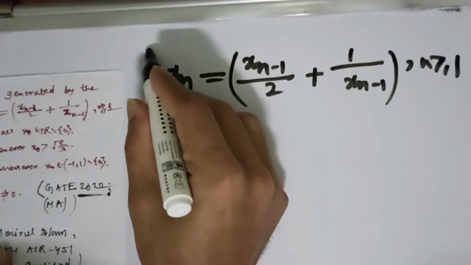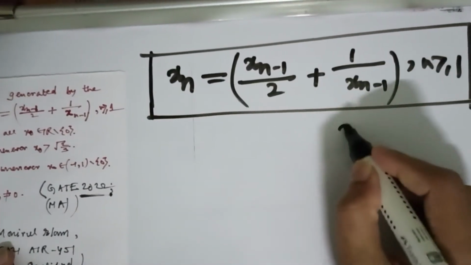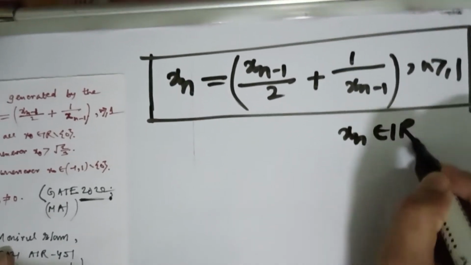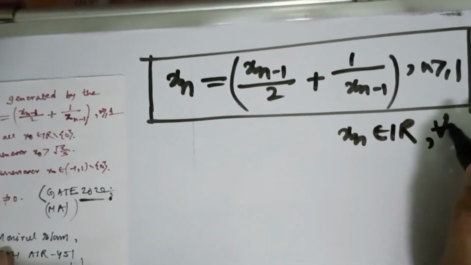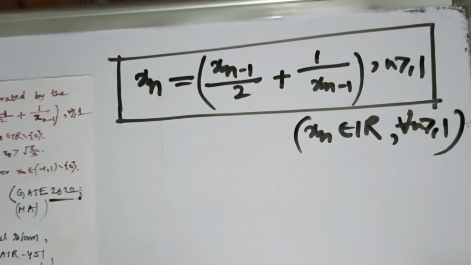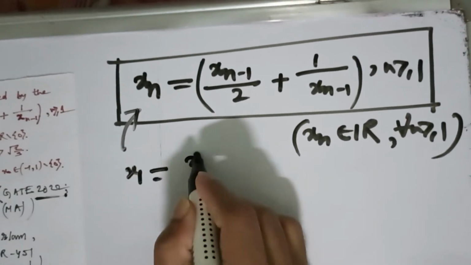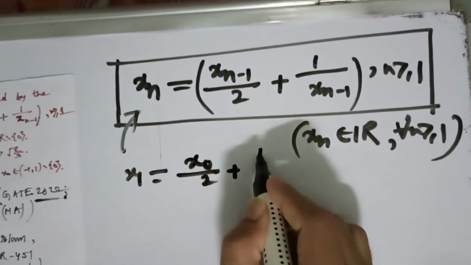From the scheme, obviously it is given that xn is a sequence of real numbers, meaning xn belongs to R for all n greater than 1. Now if you put n equal to 1 here, x1 equals x0 by 2 plus 1 upon x0.